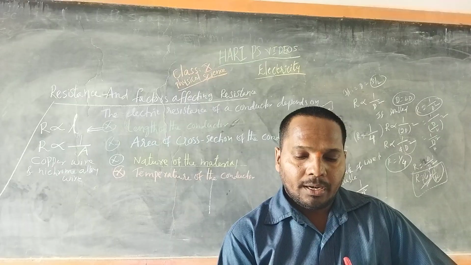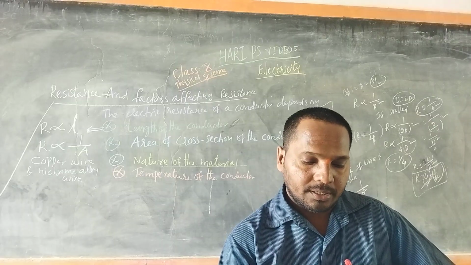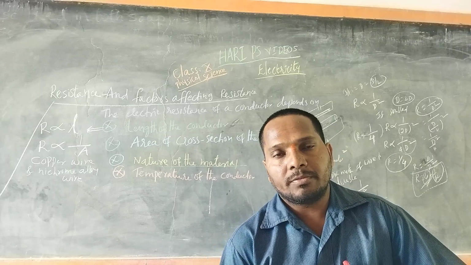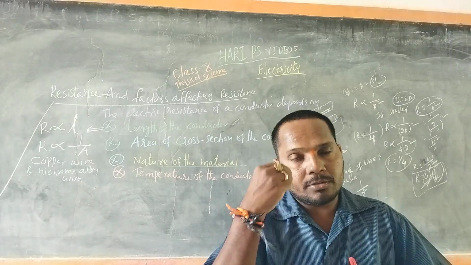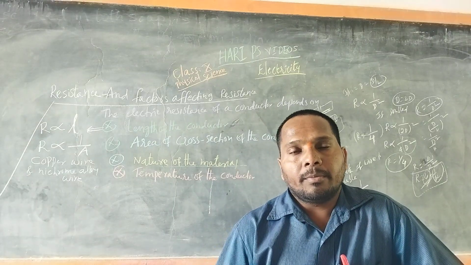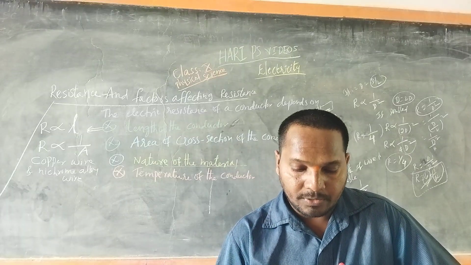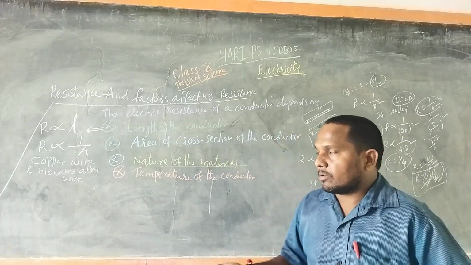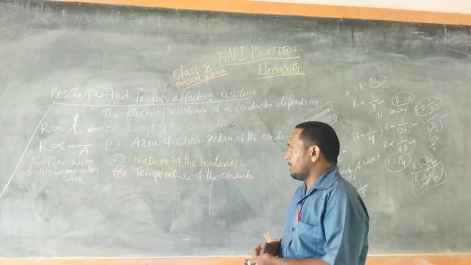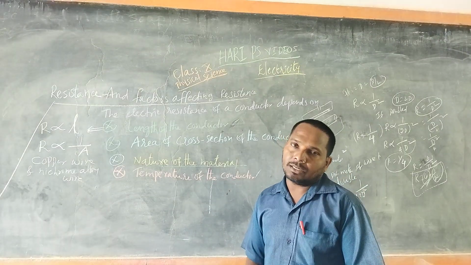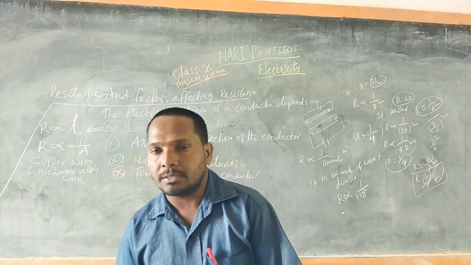So I already shared the resistivity of various materials in my post, and you can also see it in your textbook. Then coming to the next one, the effect of temperature of the material or conductor.